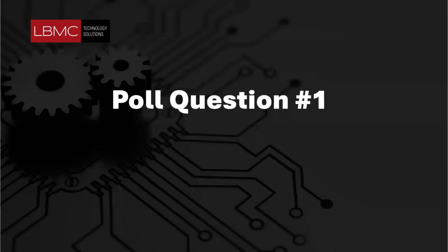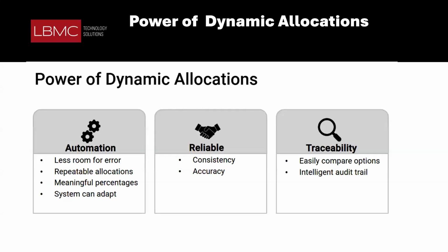So now we'll be going over dynamic allocations and the power that it can present within your environment. Dynamic allocations is a subscription that is required. It facilitates the splitting or movement of amounts within Sage Intacct, and this follows parameters that you define.